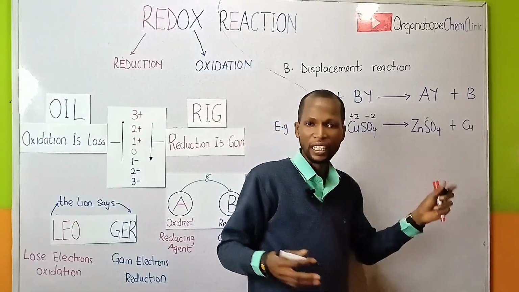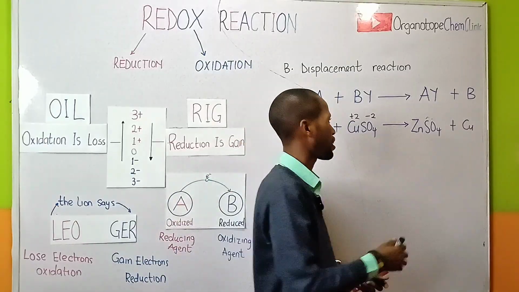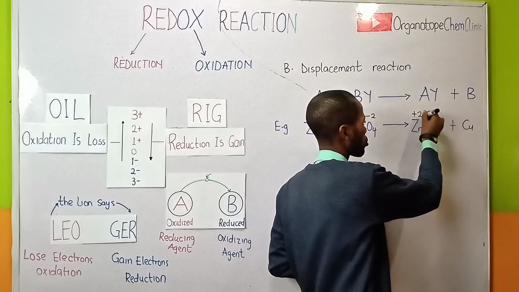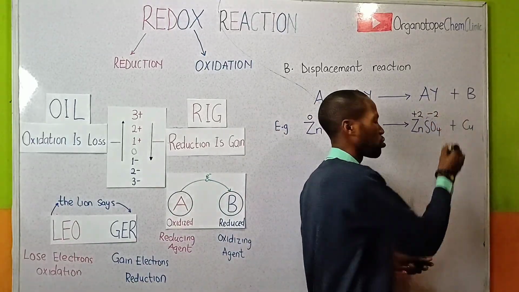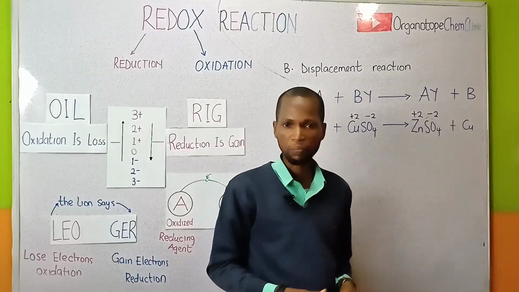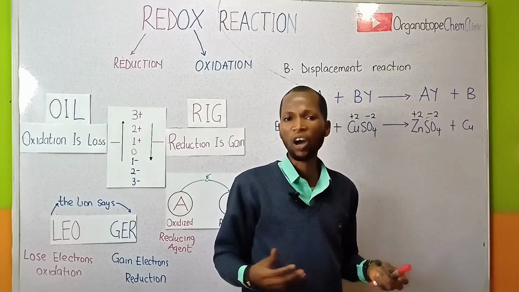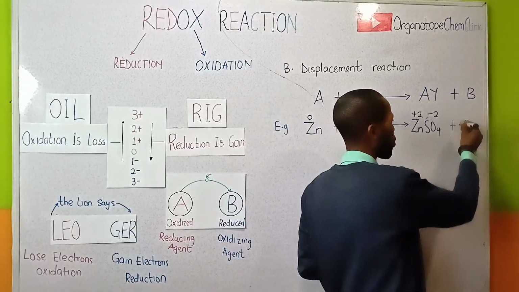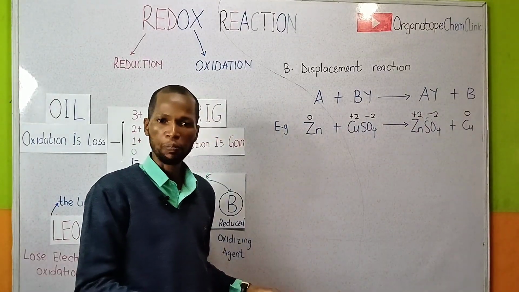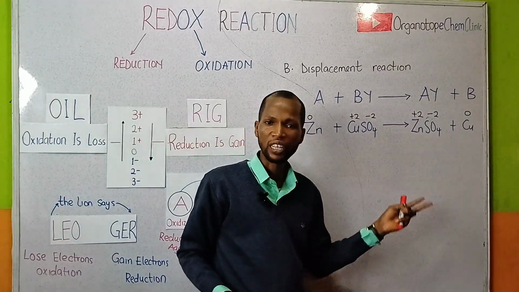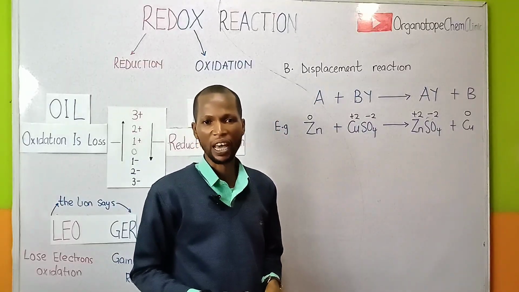And the zinc in its combined state on the product side has the oxidation number of +2. The sulfate has the oxidation number of -2, while copper, which has been displaced, is in an uncombined state, so it will have oxidation number of what? 0.